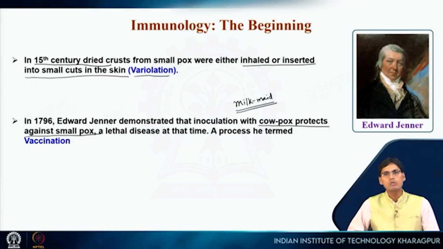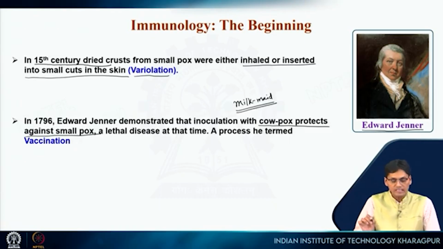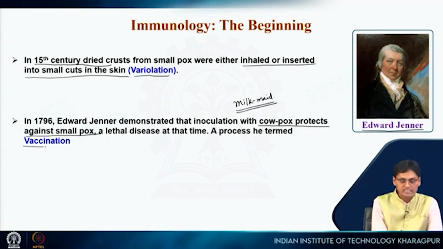As a result, Edward Jenner demonstrated that inoculation of cowpox protects from smallpox. This process was termed vaccination, and we use the same term now, right? Why vaccination? Because vacca means cow.